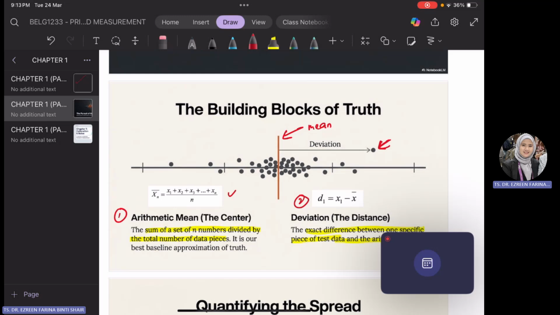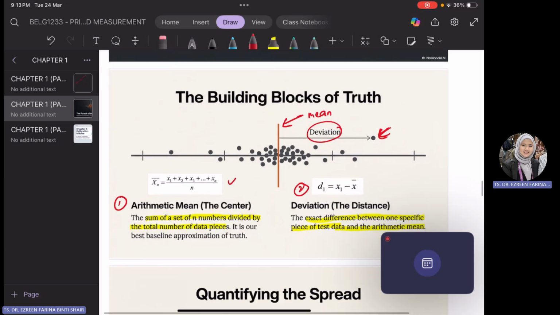So it's basically the distance between this data and the mean.